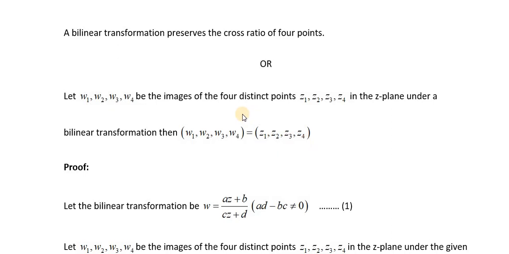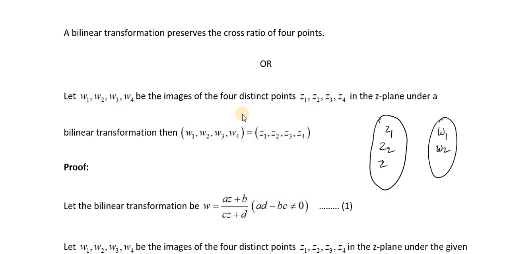Observe the given condition: in the Z-plane, Z1 is mapped to W1, Z2 to W2, Z3 to W3, Z4 to W4. In that situation, cross ratio of these 4 equal to cross ratio of these 4. We can prove this one.